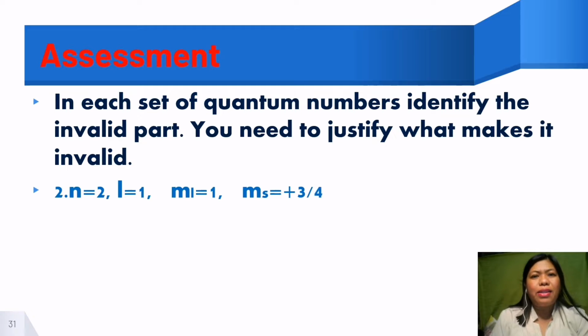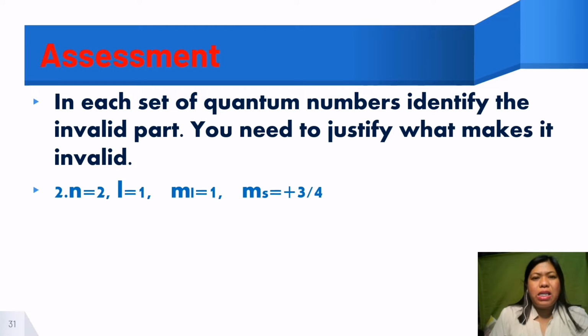In each set of quantum numbers, identify the invalid part. You need to justify what makes it invalid. In this set, n is equal to 2, L is equal to 1, M sub L is equal to 1, and M sub S is equal to positive 3/4.